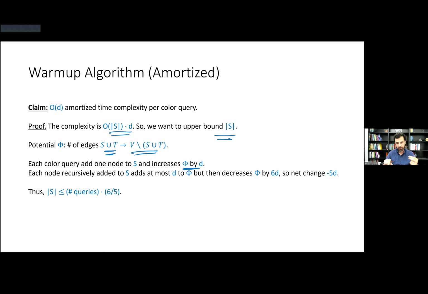But as a result of adding this vertex to S union T, in particular S, I actually decrease the potential by 6d because the incoming edges are now out of the potential. So the net effect is -5d. That means in total, the cardinality of S is upper bounded by the number of queries after the last edge update, times some constant. So that's why the amortized complexity is order of d.